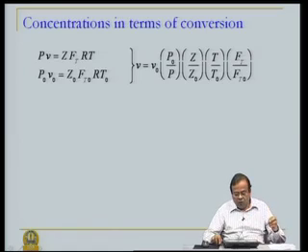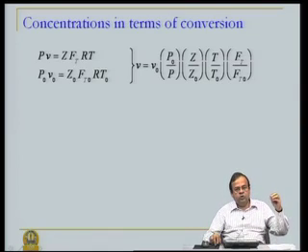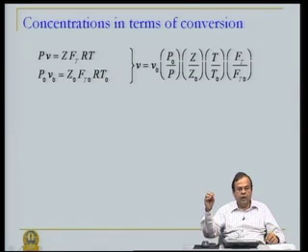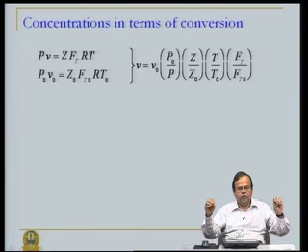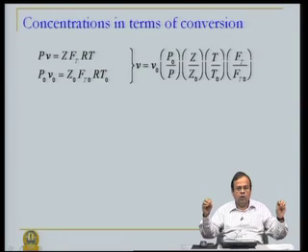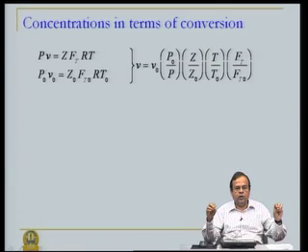So, what we are essentially saying is, suppose this is my entry point and I have reaction and an exit point. Between entry point and exit point, my pressure may be changing. Why? Because there could be a pressure drop along the length of the reactor.